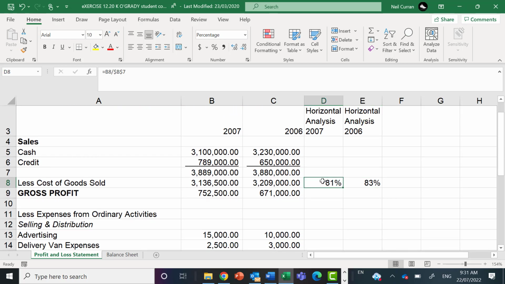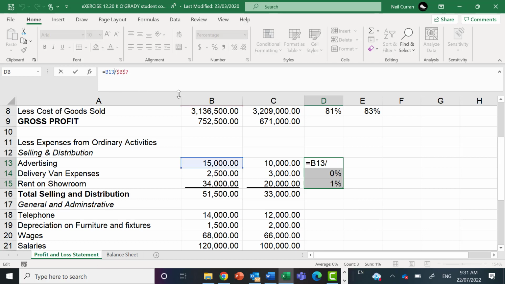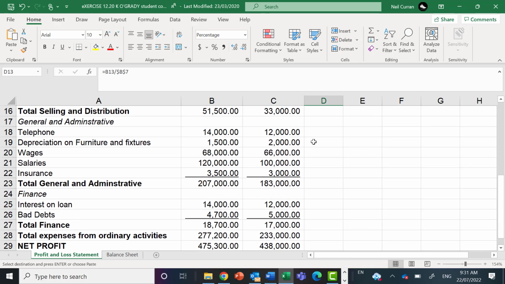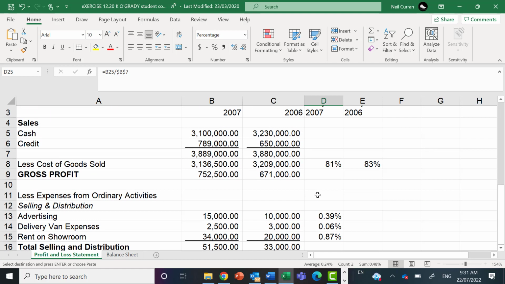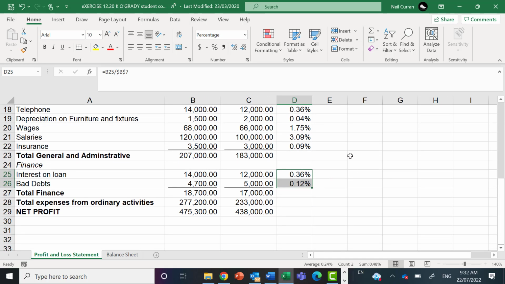So now we're going to copy this cell, and then move it down to the remaining expenses, and we may need to increase our decimal places here. And we're going to do that for 2006 as well.